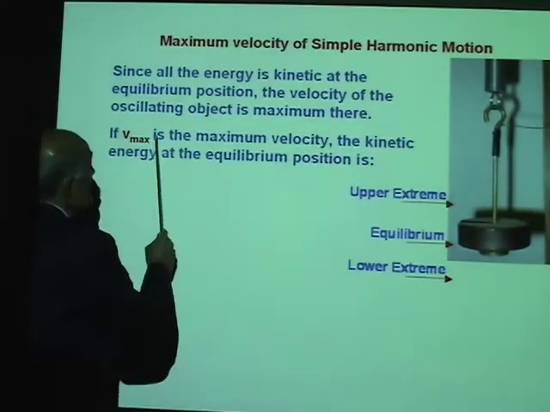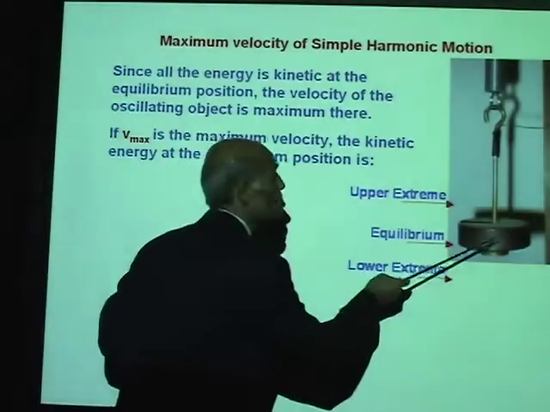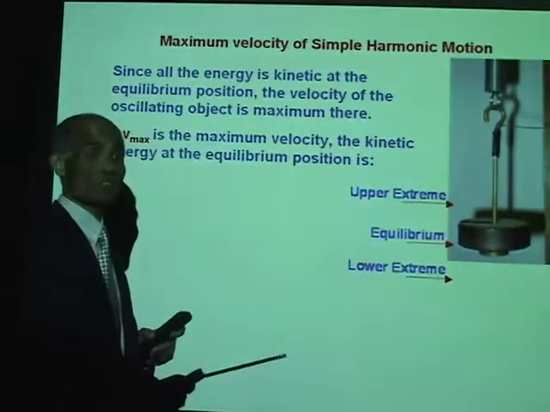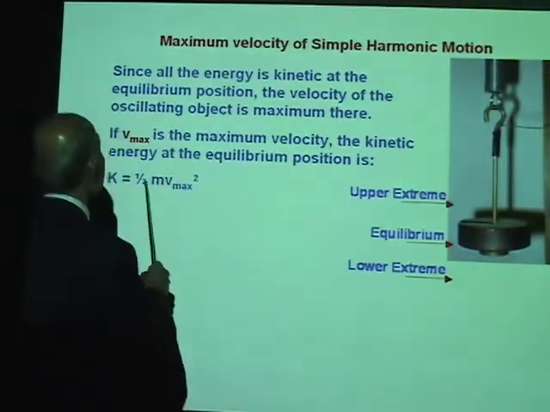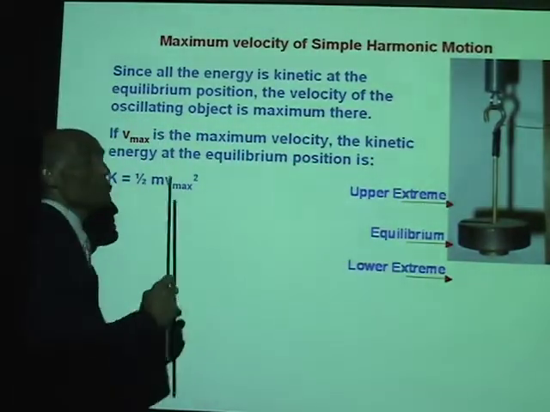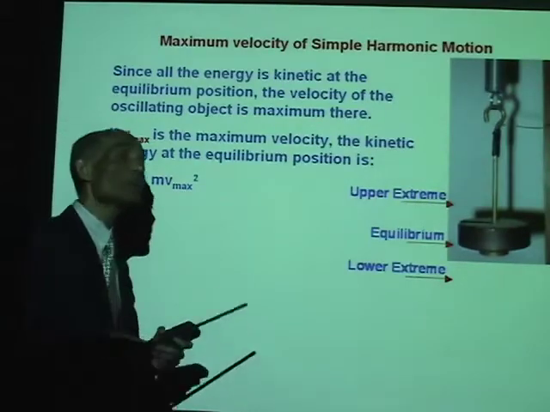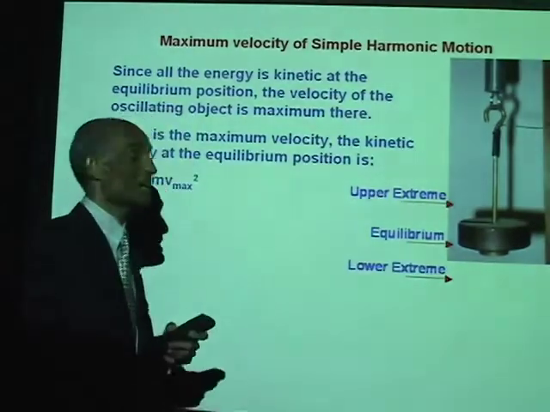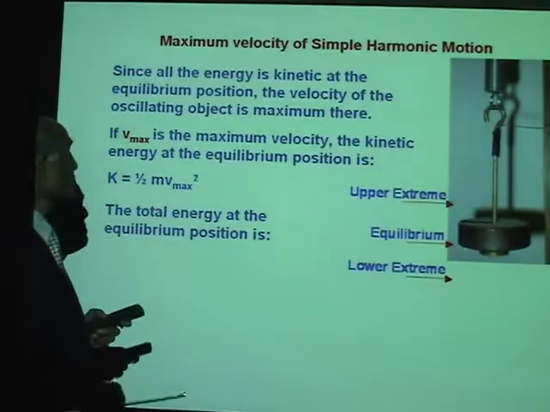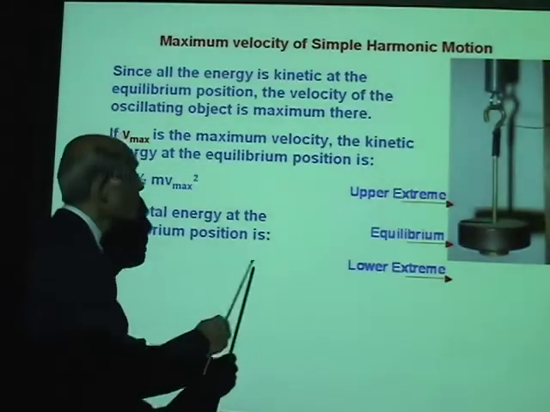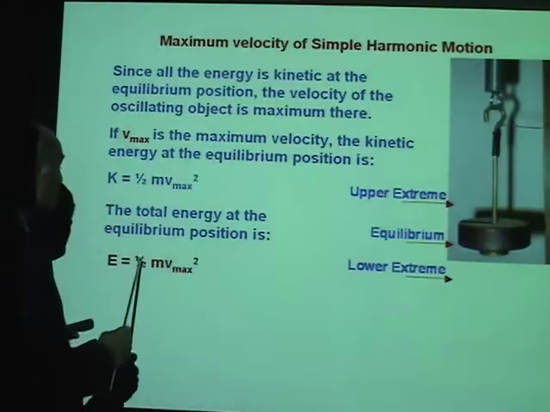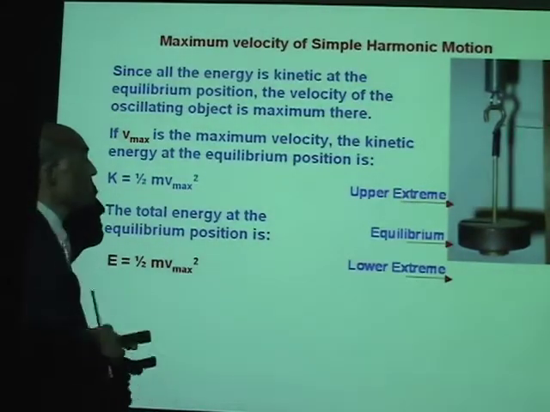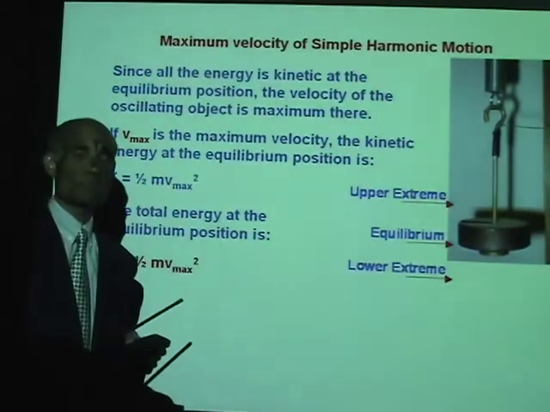And if v max is the velocity at the equilibrium position, the kinetic energy there will be 1/2 m v max squared. What will be the potential energy at that time? Potential energy will be 0. So what will be the total energy at the equilibrium position? The total energy will be 1/2 m v max squared.